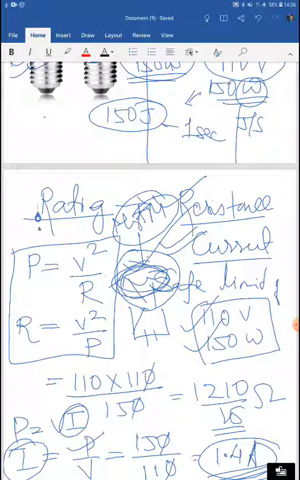Question number 2: write this question, an electric bulb is rated as 60 watt, 220 volt. What does this statement mean? So this is your assignment number 2. These are the two assignments that you have to do today and send me in the evening. All right, is that okay?